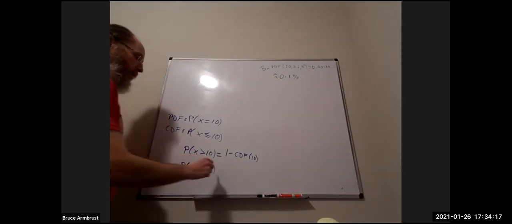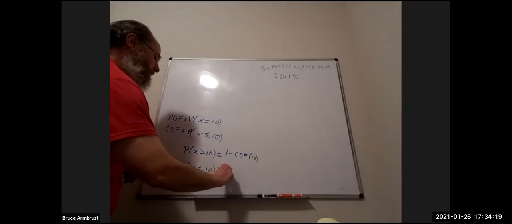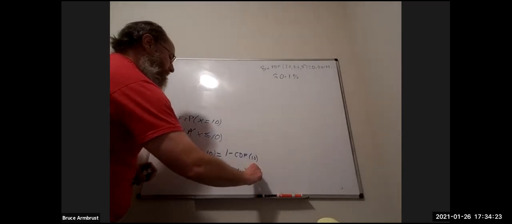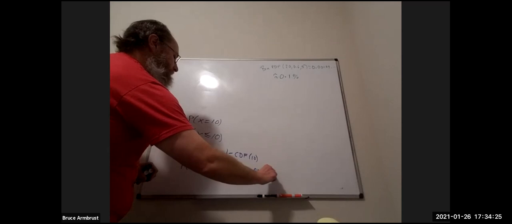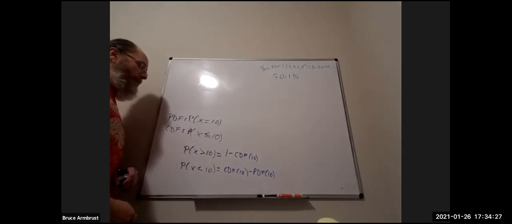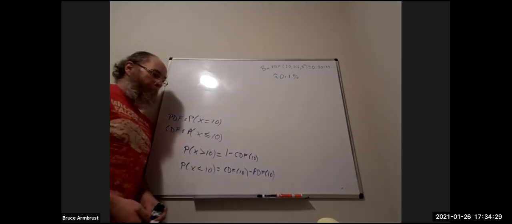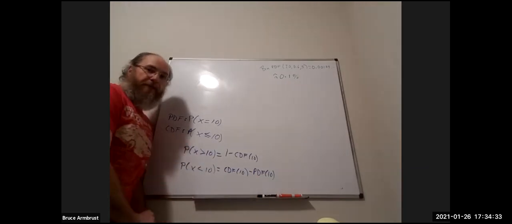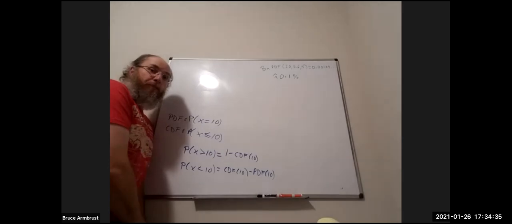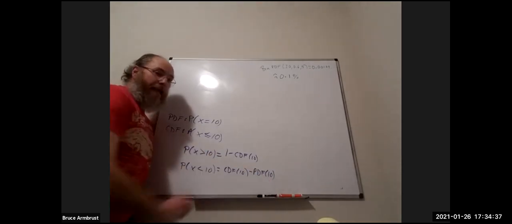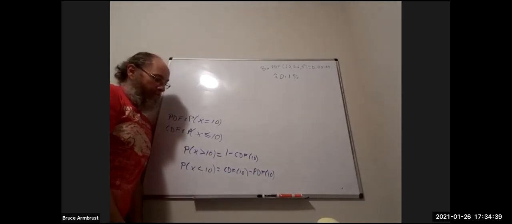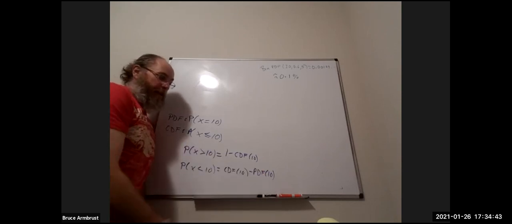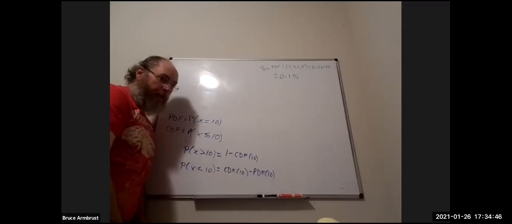One is we can do CDF 10 minus PDF 10. Because remember what PDF 10 was? That's the probability of having exactly 10. If I take that away, now I have everything up to but not including 10.